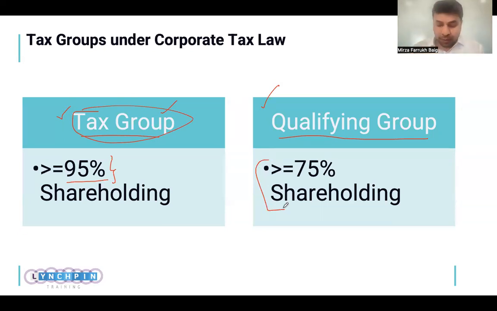I'll explain the detailed conditions also, but just to understand, for a qualifying group the requirement is only for the holding and a few other areas. But for a tax group, primarily you will file a single tax return, and the parent company can do the consolidation, and so on and so forth.